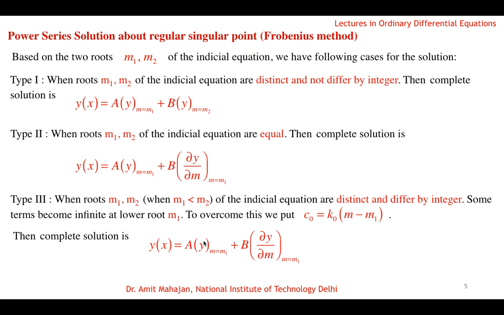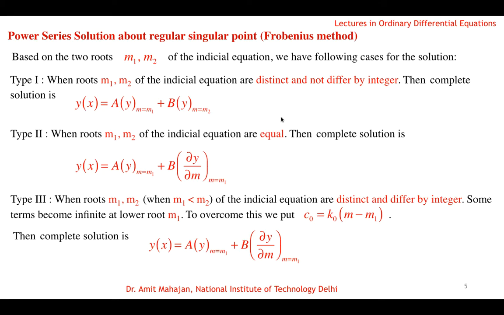Then we calculate one solution at m equal to m1 and the second solution as the derivative of y with respect to m at m equal to m1, and then their linear combination. So these are the three types of solutions when we have a regular singular point, and this method is the method of Frobenius.